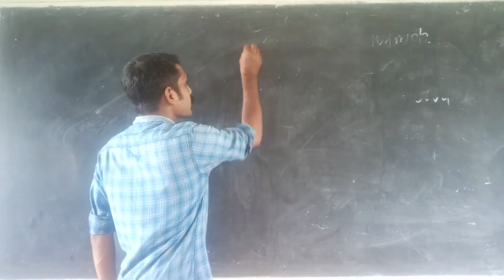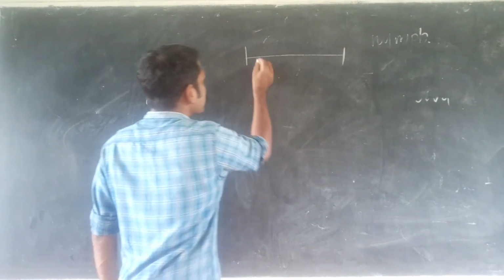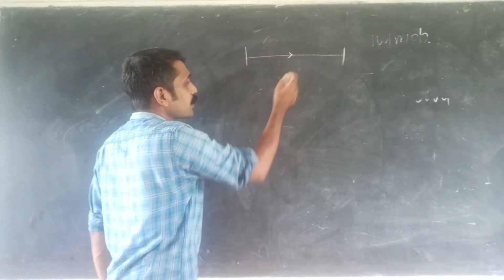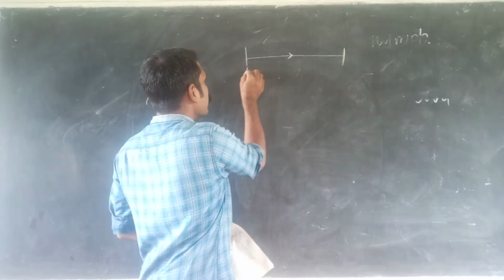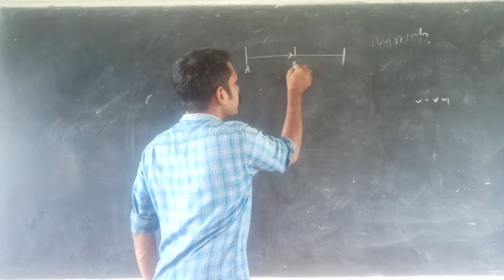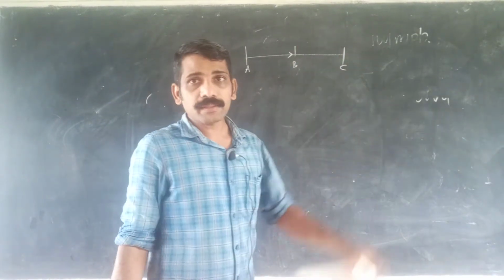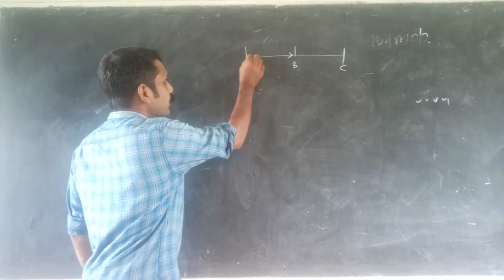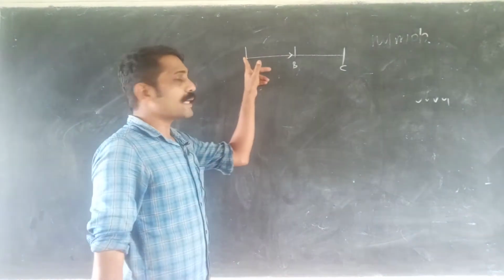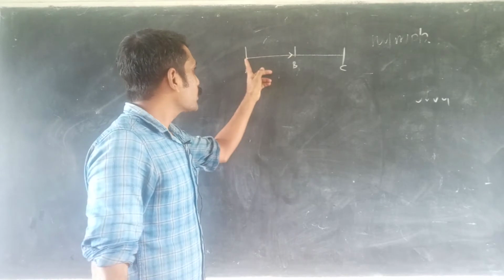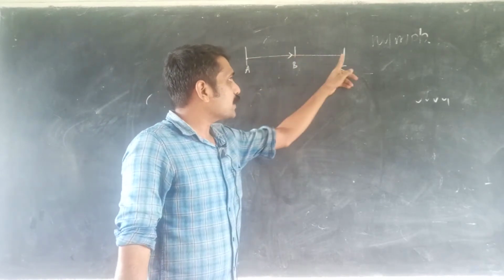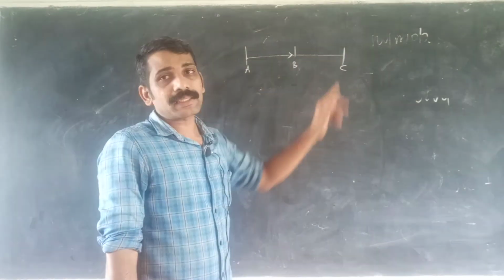Listen here. Suppose it's a straight line. An object is traveling from a point to another point, A, B, C, through a path which is a straight line. Now the object starts its journey from A, goes through this straight line A, B, C and finishes its journey at C.